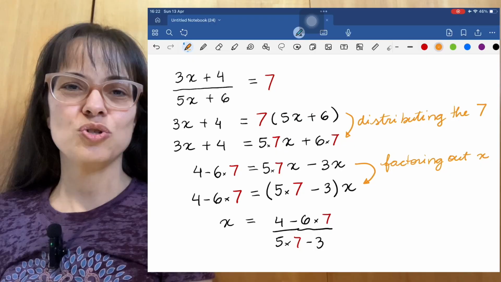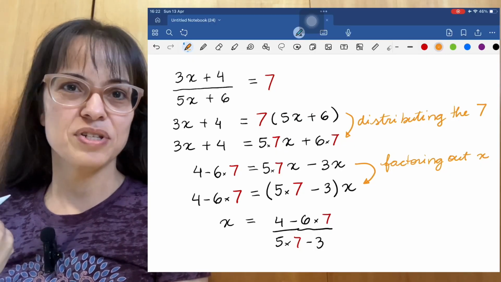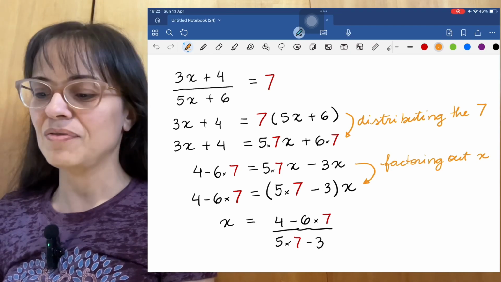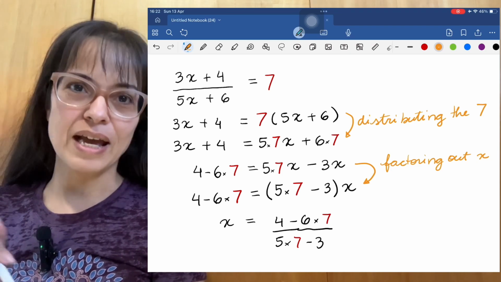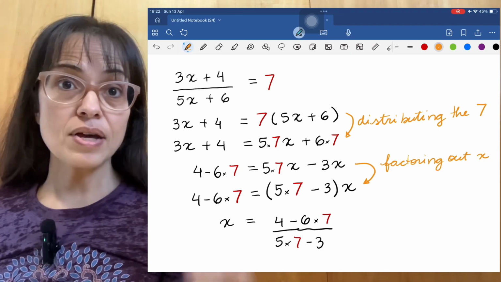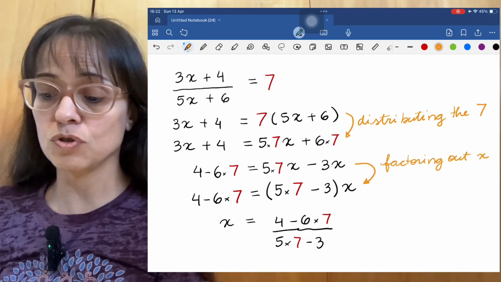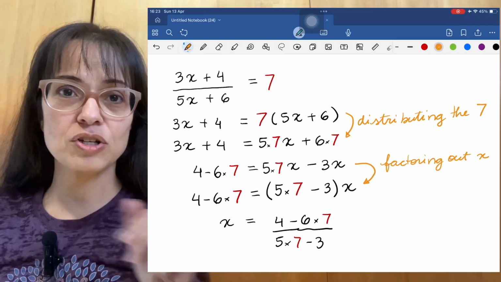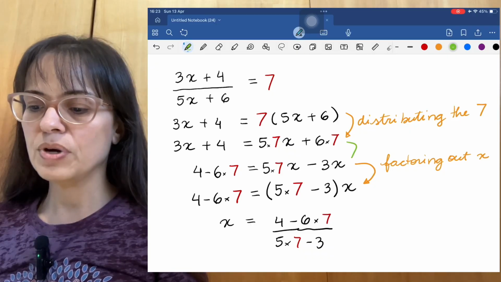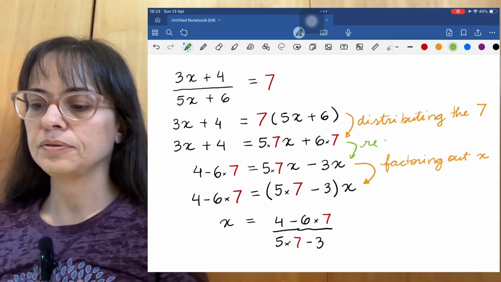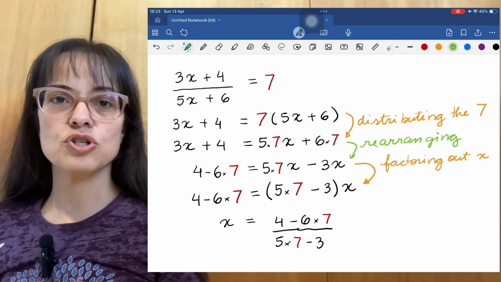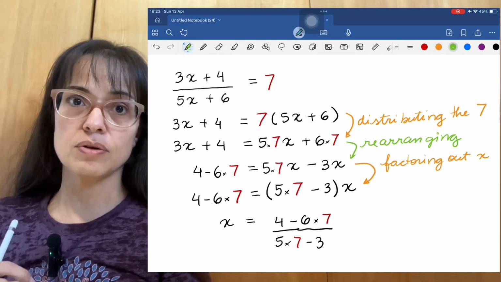Of course, I'm not just doing one operation to undo the same exact thing later. I am distributing the 7, and then later on I factor out an x, which is something else. And that is the whole point of how this kind of solution works. First you distribute something, and then you rearrange the terms, and then you factor out something else. The rearranging is what happened in this line here, when you've moved both x's to the same side of the equation with the intention of factoring it out.